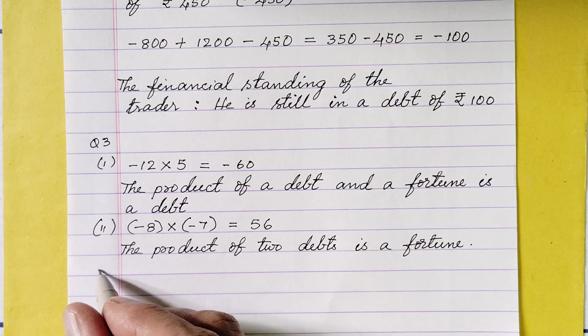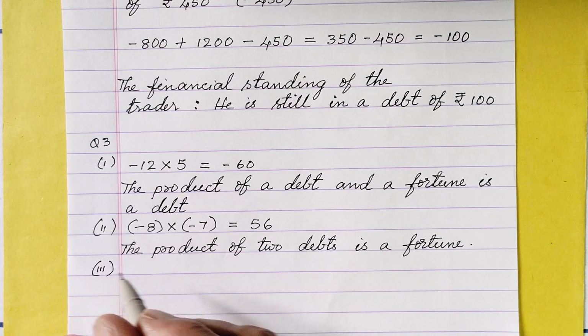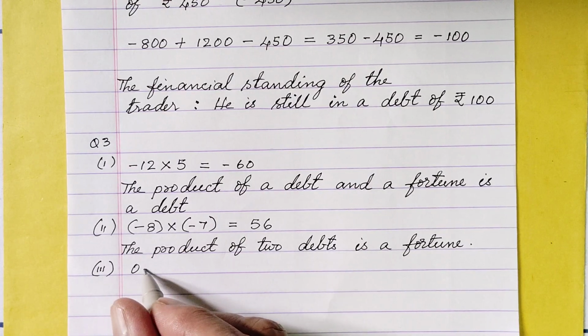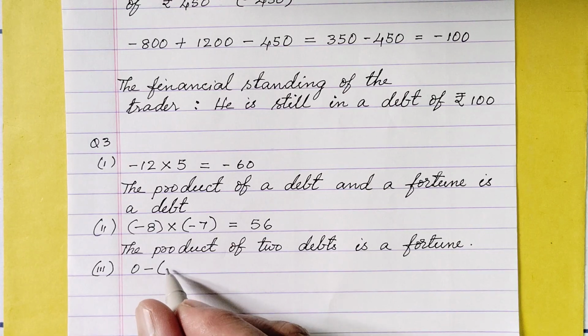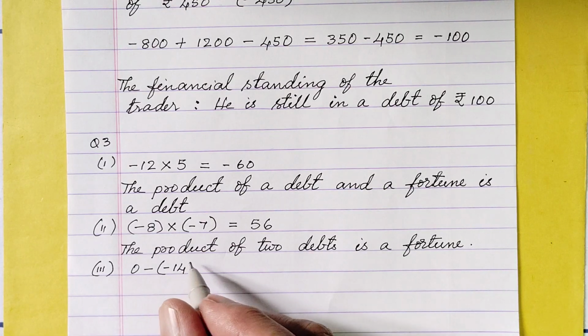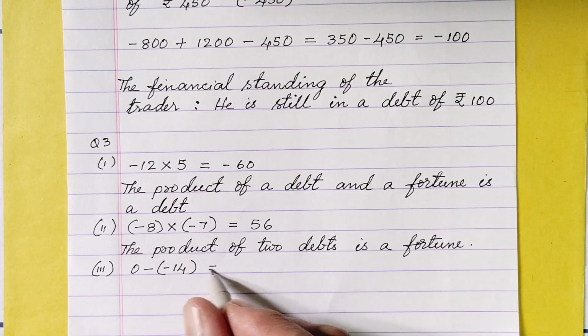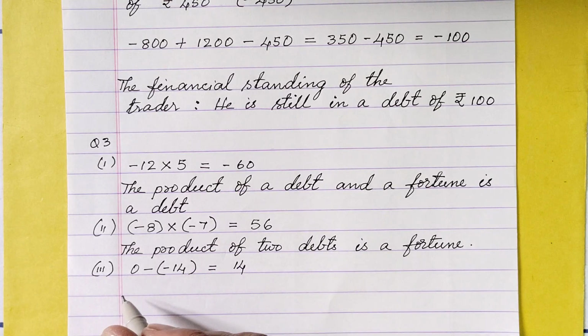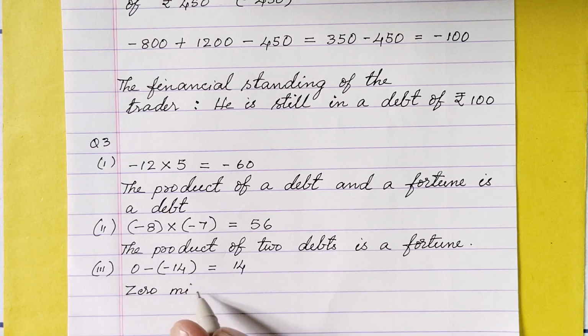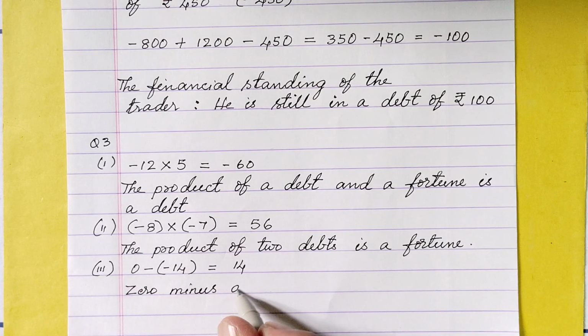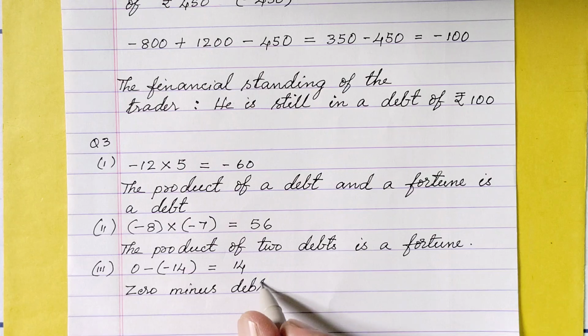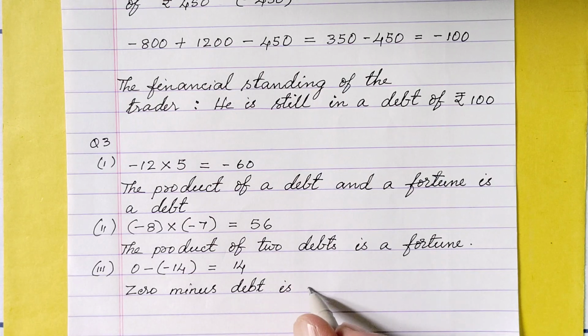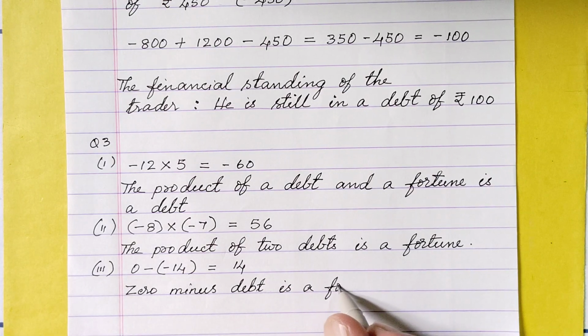Third one, 0 minus 14. Here we will get plus 14. 0, the law says 0 minus debt is a fortune. Is a fortune.